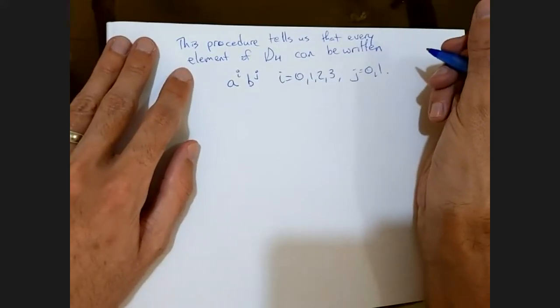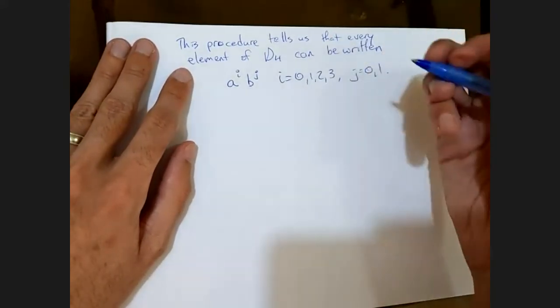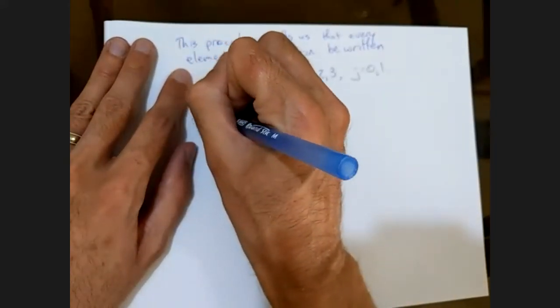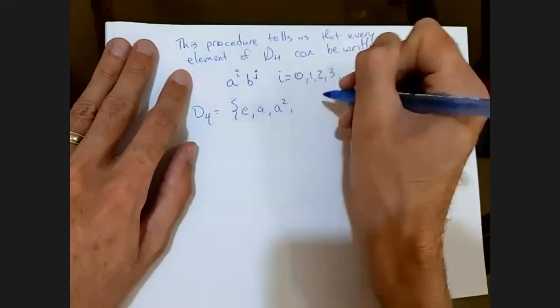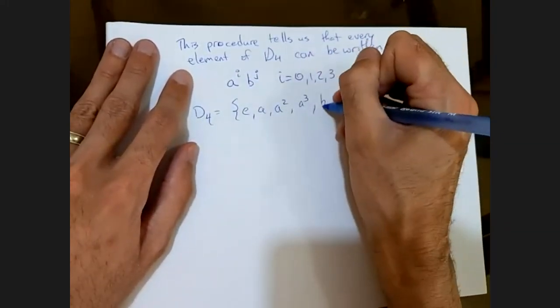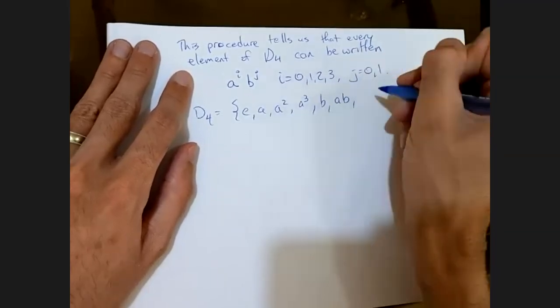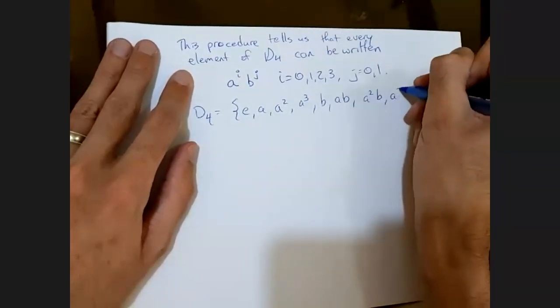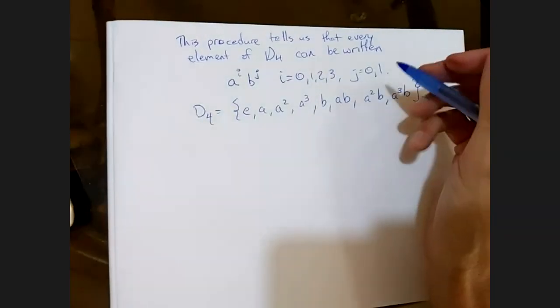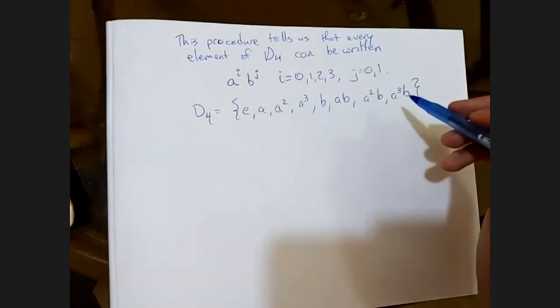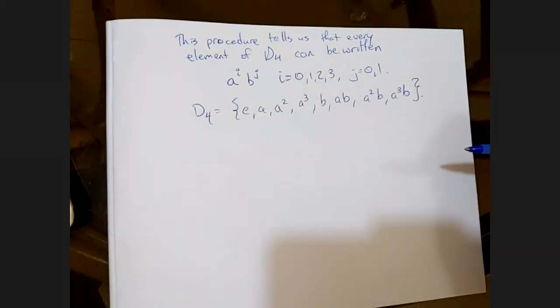Okay, so in effect, D4 has 8 elements: the identity, A, A squared, A cubed, and it has B, AB, A squared B, A cubed B. And how would we multiply any two elements? Well, we just use the rules we just talked about.